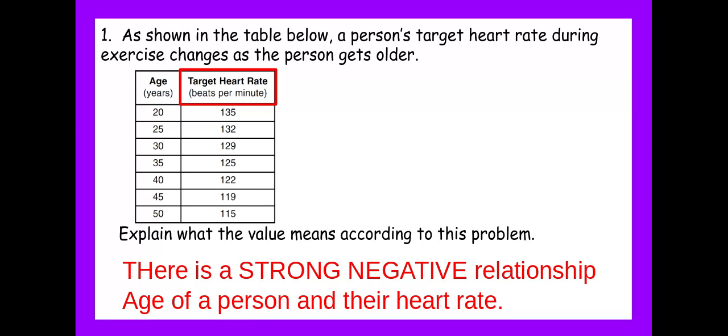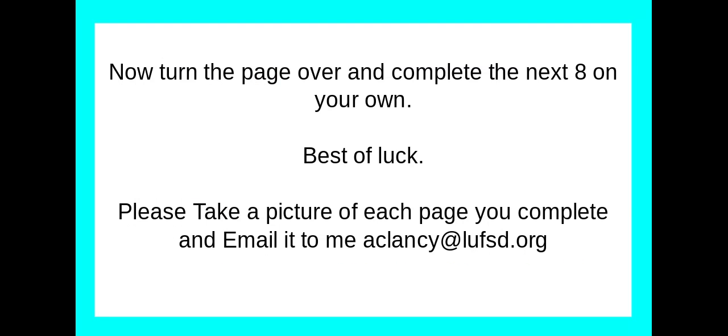Okay? So you're going to try the next couple on your own. Turn it over and complete the next 8 on your own. Remember, take a picture of each page you complete and email them to me so I know that you're doing the classwork. And I will post answer keys online tomorrow if you didn't get it.